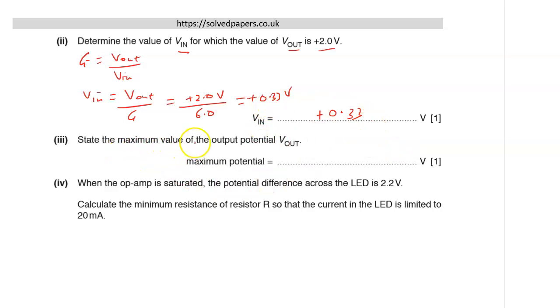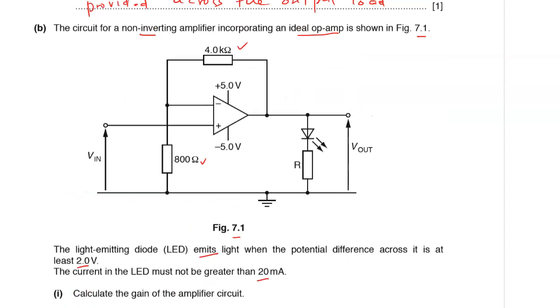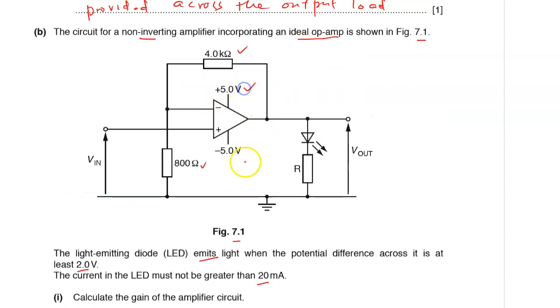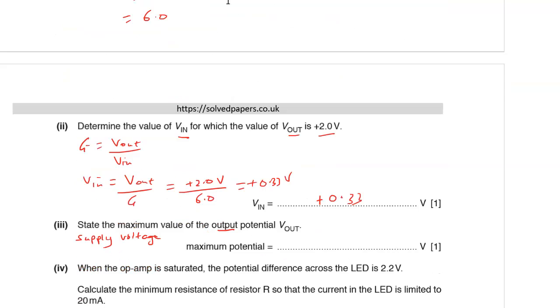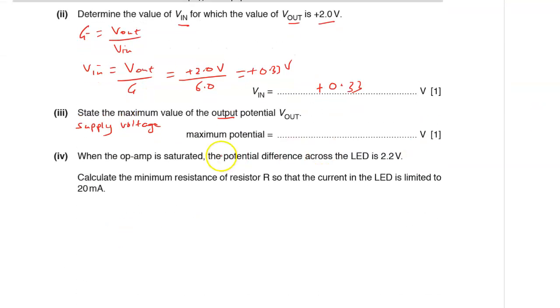State the maximum value of the output potential V out. Of course, this is guided by the supply voltage. The maximum V out cannot be greater than the supply voltage, and the supply voltage here, as I said earlier, is plus or minus 5 volts.